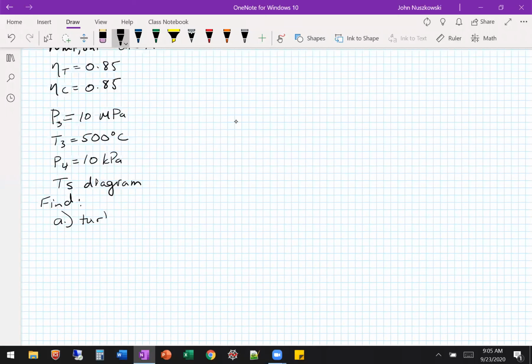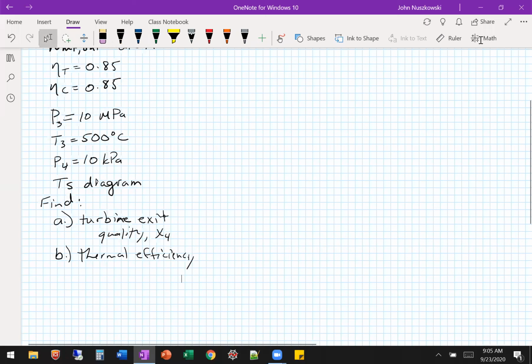So turbine exit quality, which is state 4, quality x4. And then B is our thermal efficiency. And then C is our mass flow rate of steam.